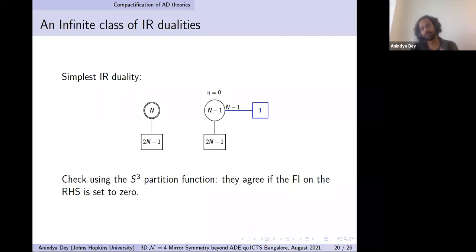The N=2 case is probably well known to many people, like an SU(2) theory with 3 flavors. You can realize it as a type IIB Hanany-Witten kind of setup, where you have an orientifold 5-plane and D3 branes ending on it.